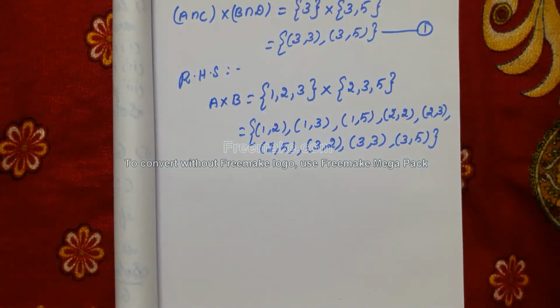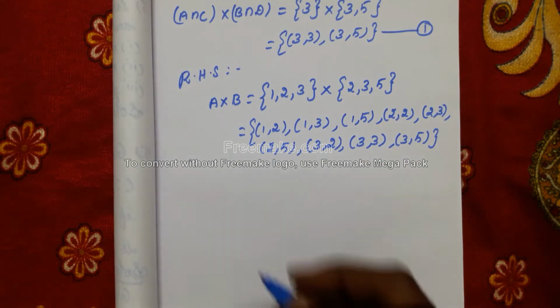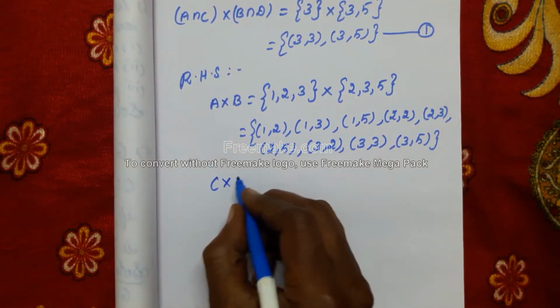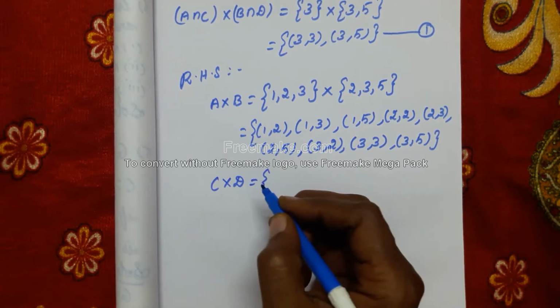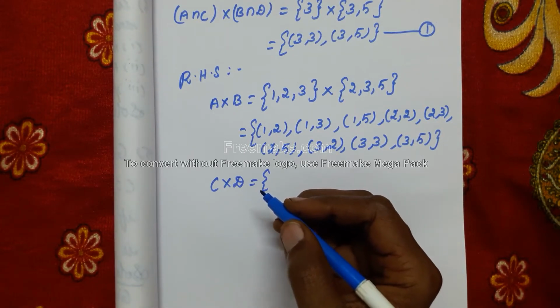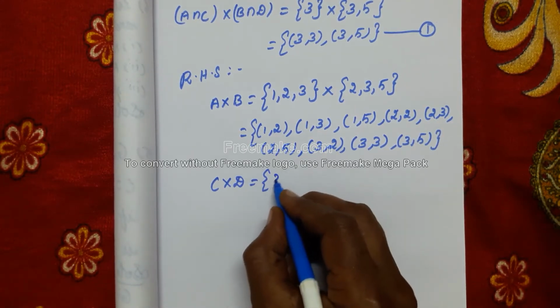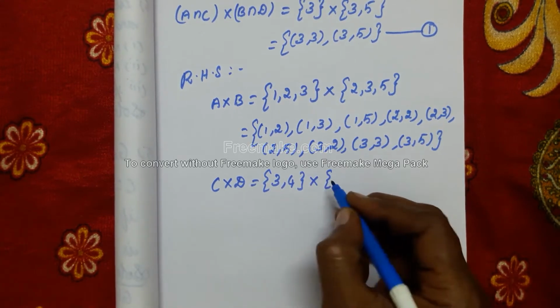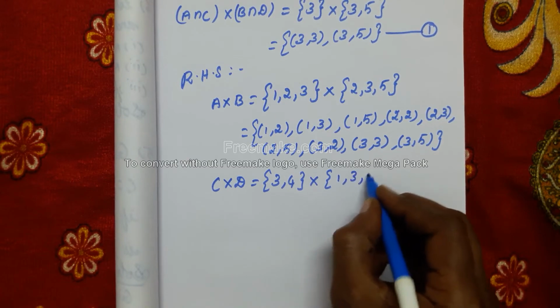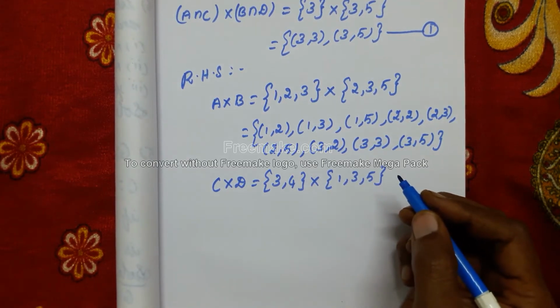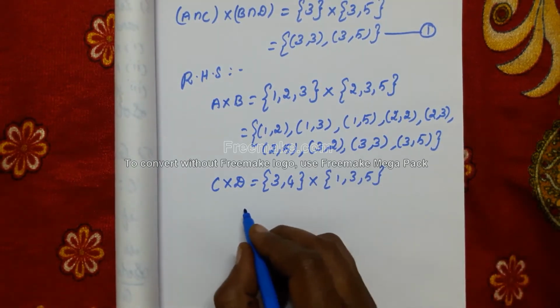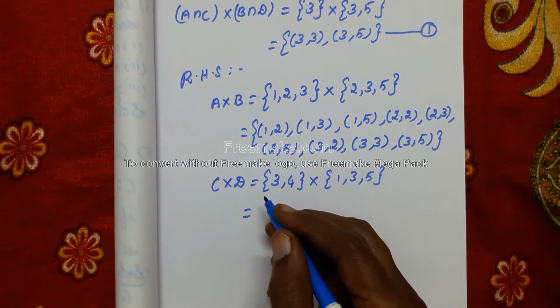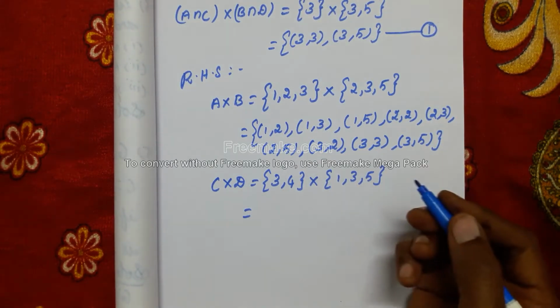Next what we have to find out? C cross D. C is 3, 4, cross D, which is 1, 3, 5. We have to find out the cross product. First the intersection, next the cross product.